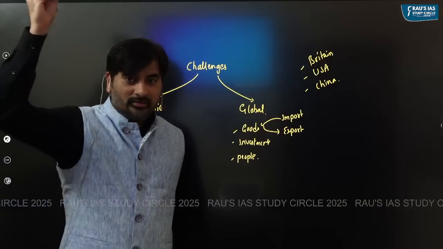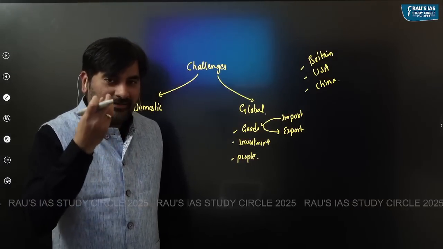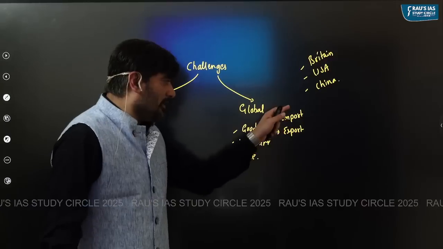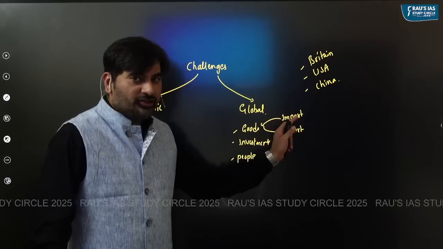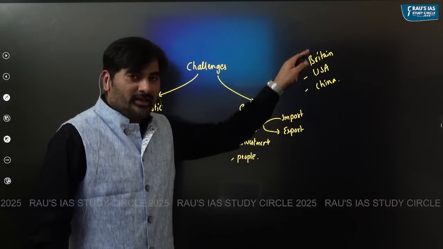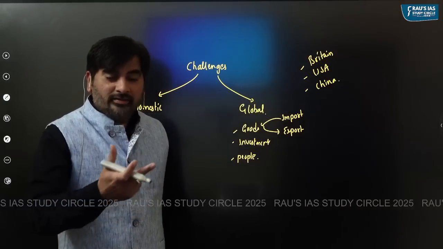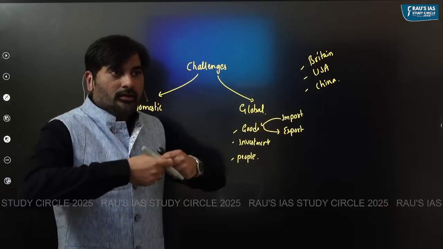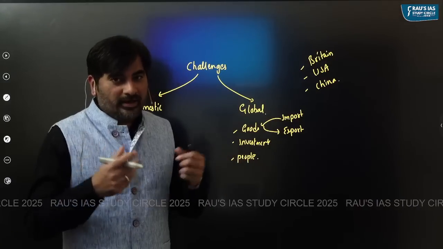Think of Britain. Now, during the start of the Industrial Revolution, what did Britain do? It treated India as a supplier of raw material and a market for finished goods. By doing so, it led to the success of the Industrial Revolution in Britain. Same, after the Second World War ended, the US economy grew rapidly thanks to globalization.